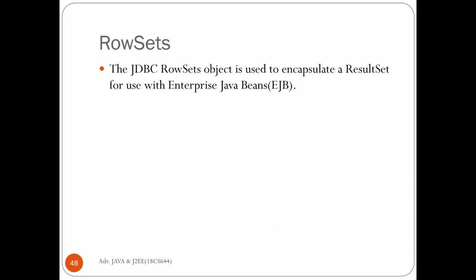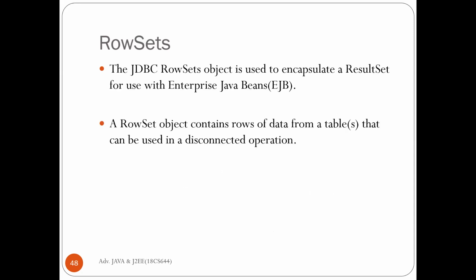So then we have row sets. A JDBC RowSet object is used to encapsulate the result set for use with enterprise Java beans. So we have one more concept, that is enterprise Java beans.